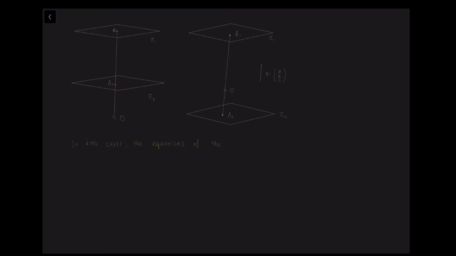In both cases, the equations of the planes pi1 and pi2 are ax plus by plus cz equals d1, and the second plane is ax plus by plus cz equals d2.